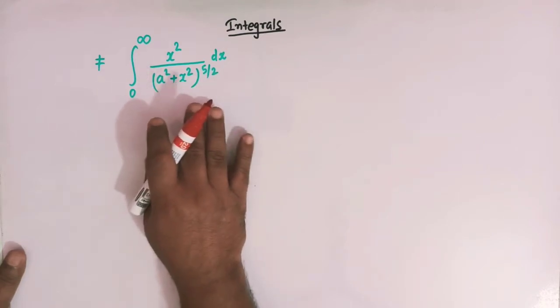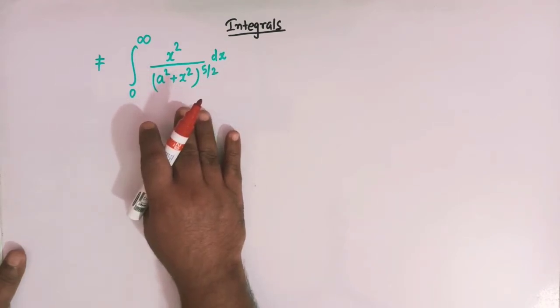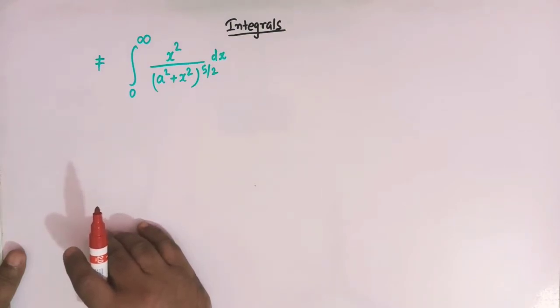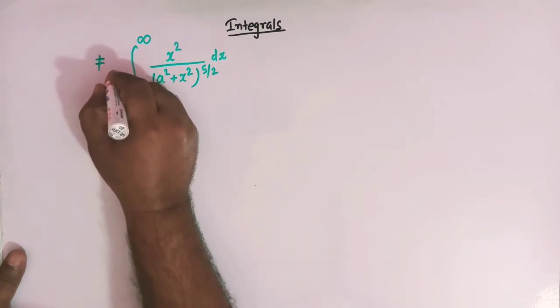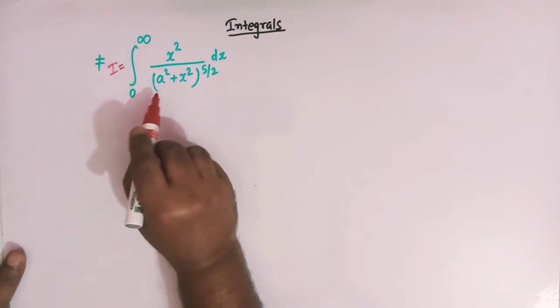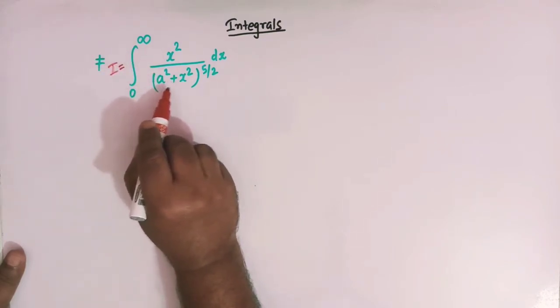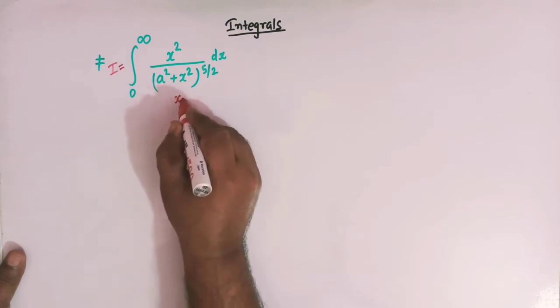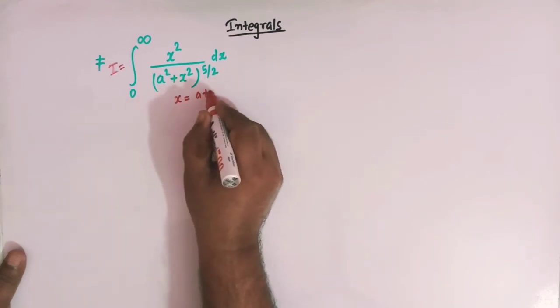In order to solve this problem we'll make use of the method of substitution. Let us first call this integral I, and we will substitute x equals a tan theta.